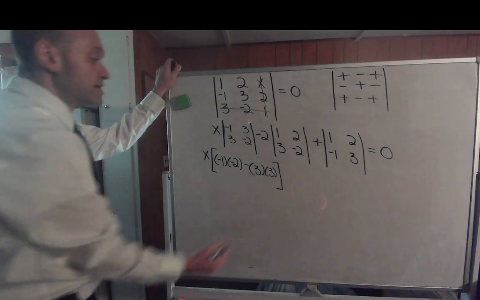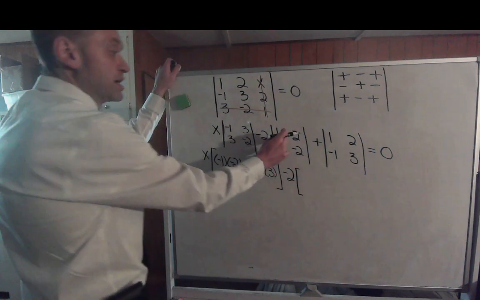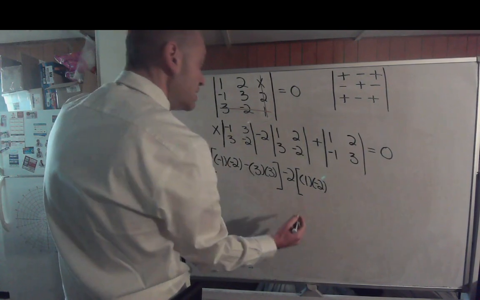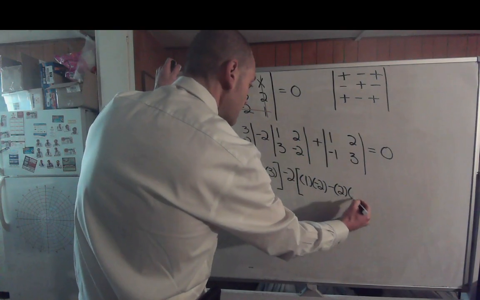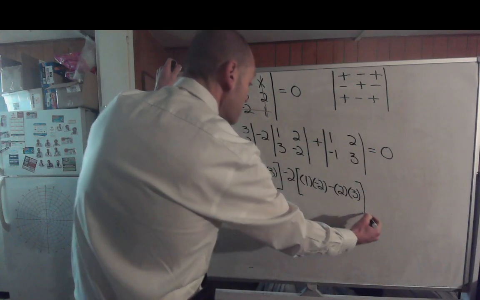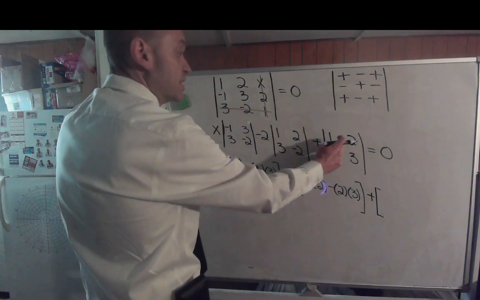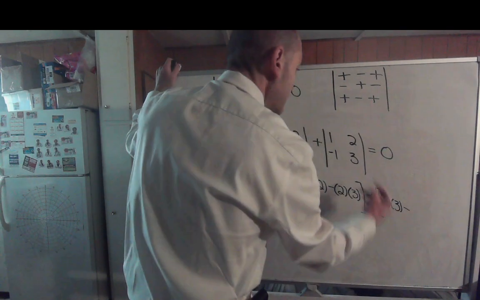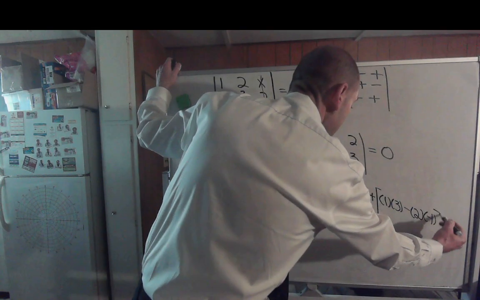All that minus 2 times this determinant here of 1 times -2 minus that 2 times 3, plus this determinant of 1 times 3 minus that 2 times -1, all that equal to 0.